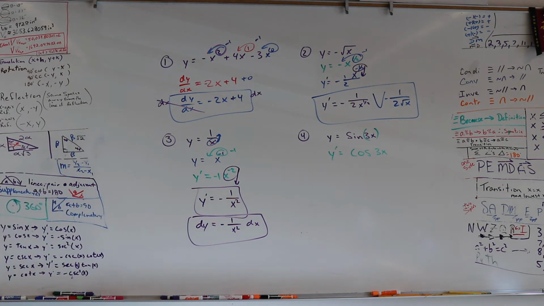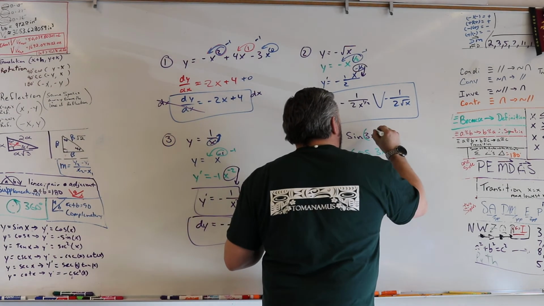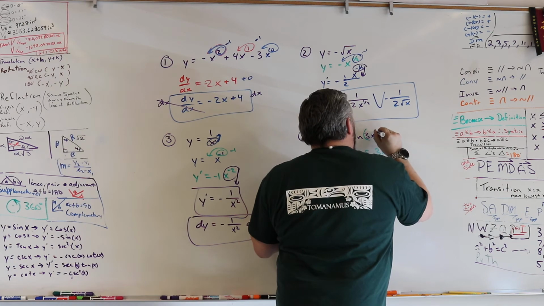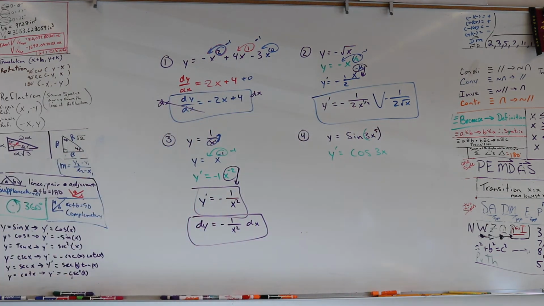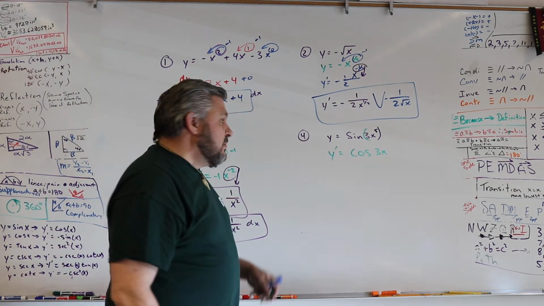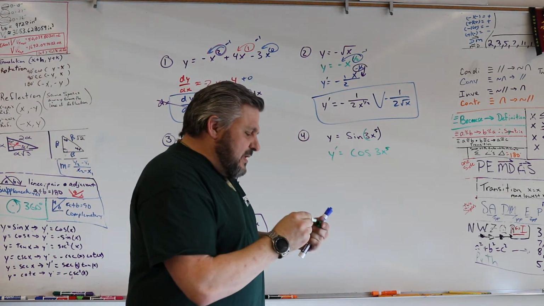Wait, that has a 5. Oh, does it? Yeah. Shoot. And that's a little different. Because what I've got to do is the derivative of the trig function times the derivative of the inside. So what is the derivative of the inside? Well, now that I know that that's a 5, that's a little bit different.